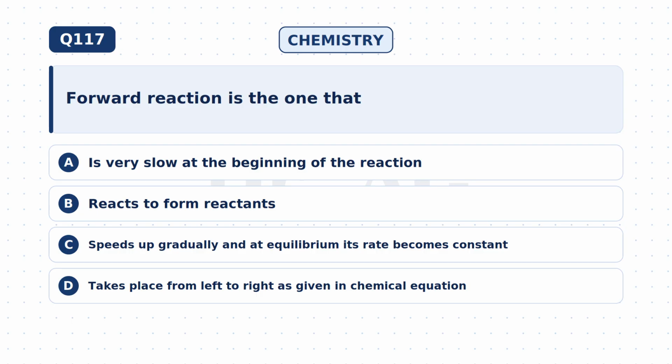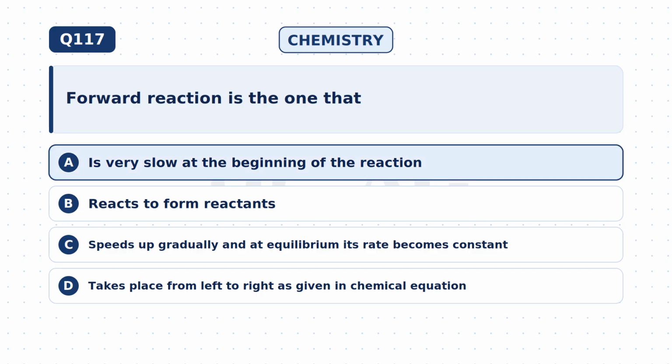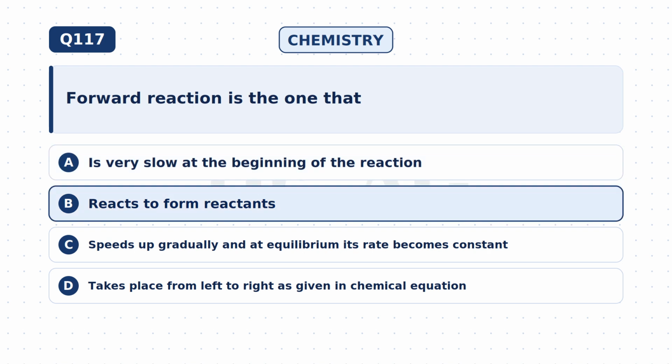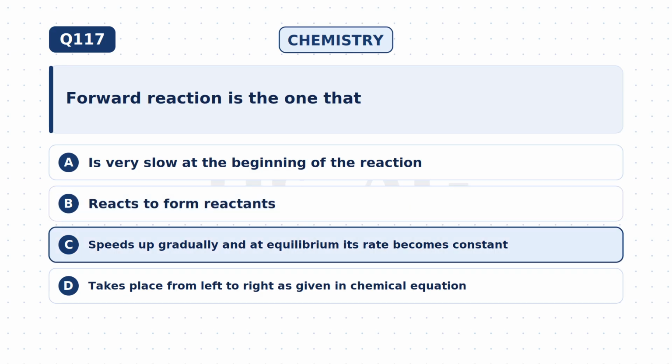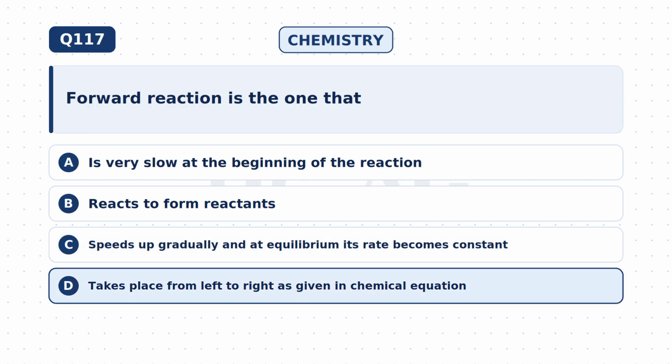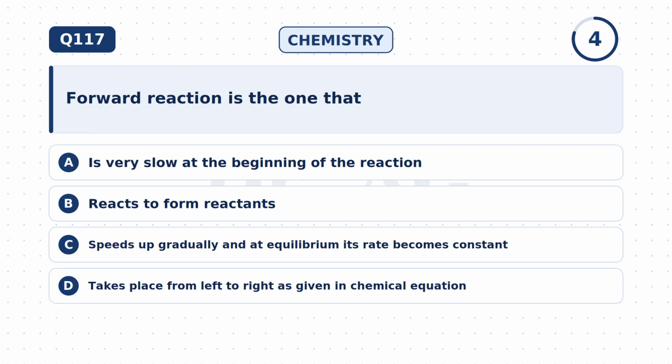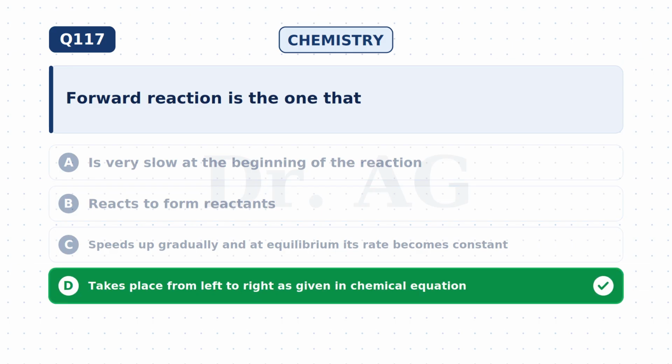Question 117. Forward reaction is the one that Option A is very slow at the beginning of the reaction. Option B reacts to form reactants. Option C speeds up gradually and at equilibrium its rate becomes constant. Option D takes place from left to right as given in chemical equation. The correct answer is D, takes place from left to right as given in chemical equation.